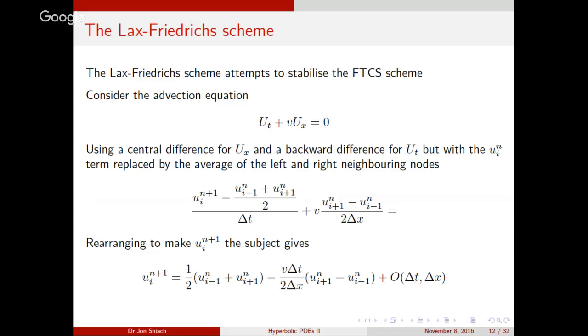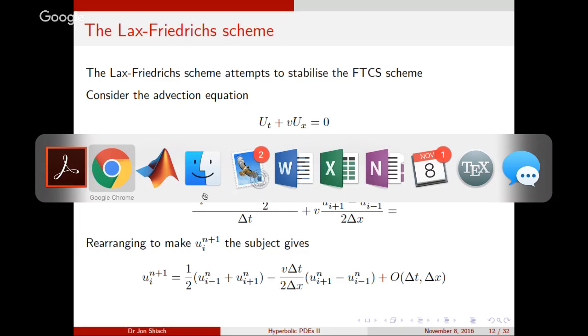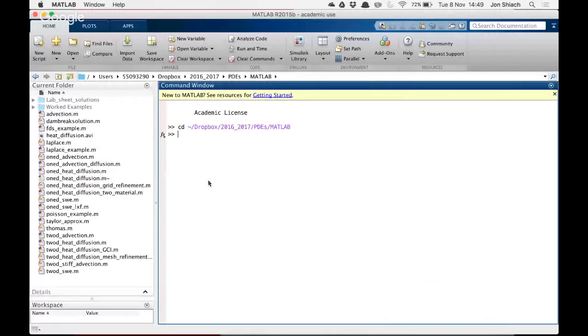Right, so I'm just going to... Is that okay for me to change the... What I'm going to do now is actually just switch over to MATLAB. Okay, and here's one I did earlier. Maybe not.